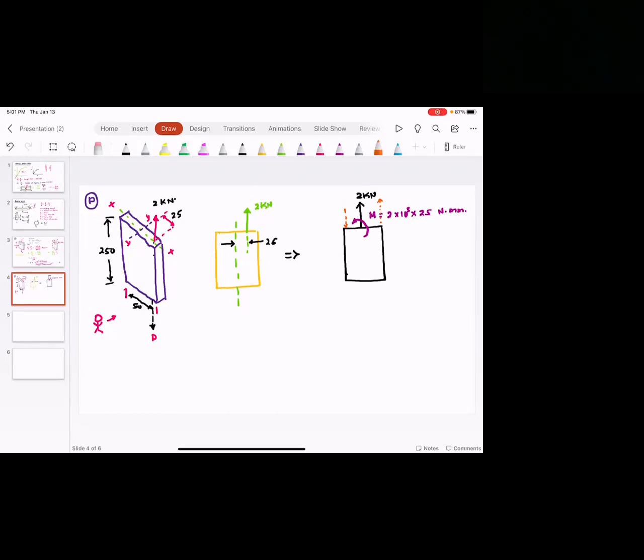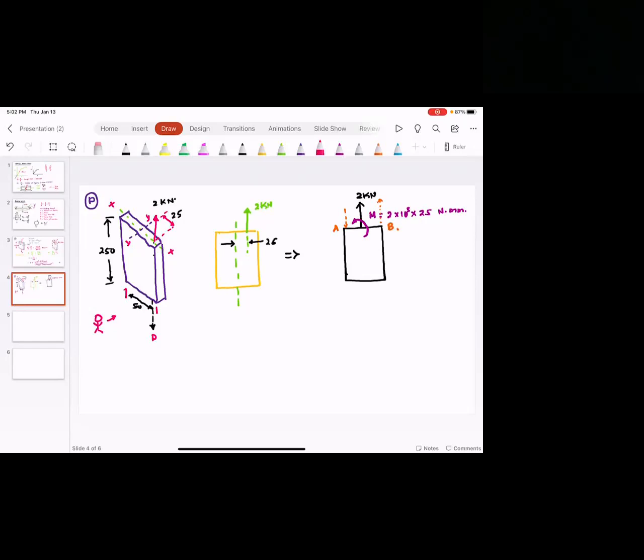What is the implication of that? On the left hand side, you are going to have compressive loads. On the right hand side, you are going to have tensile loads. You agree with me? So you have a direct load and you have a bending load. So basically you are going to have two stresses, and I'm going to say this is point A and this is point B.